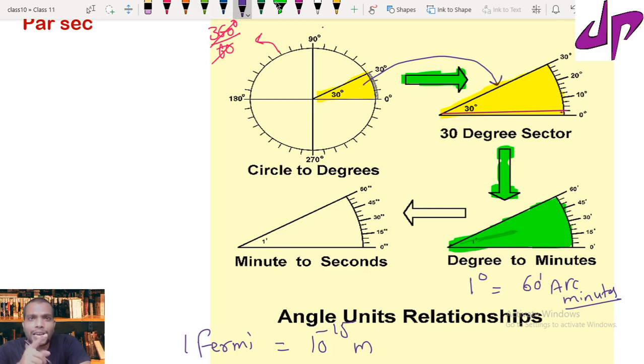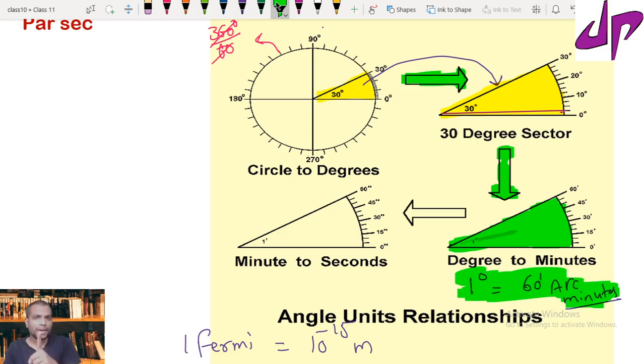Just as we divided 360 degrees into 1 degree, 1 degree is again divided into 60 equal parts. Those 60 equal parts we call arc minutes.